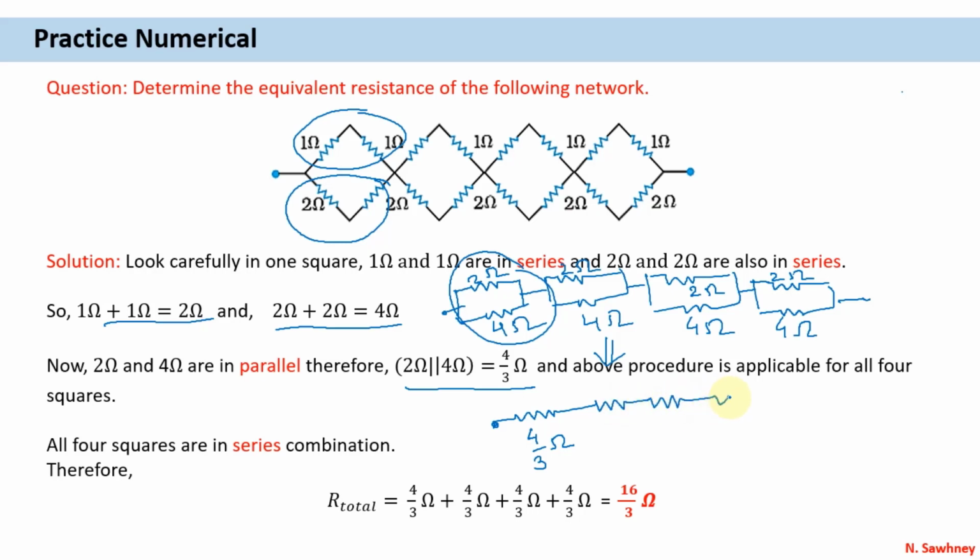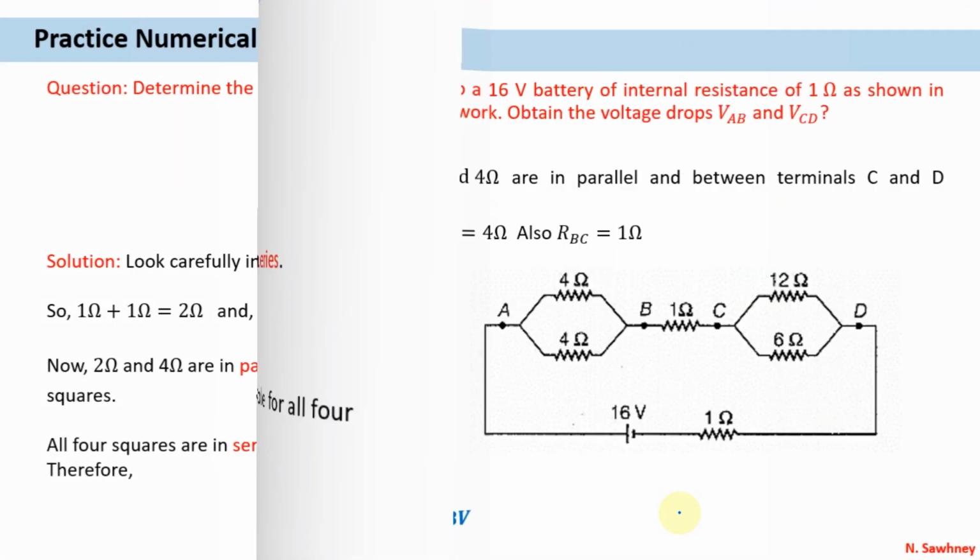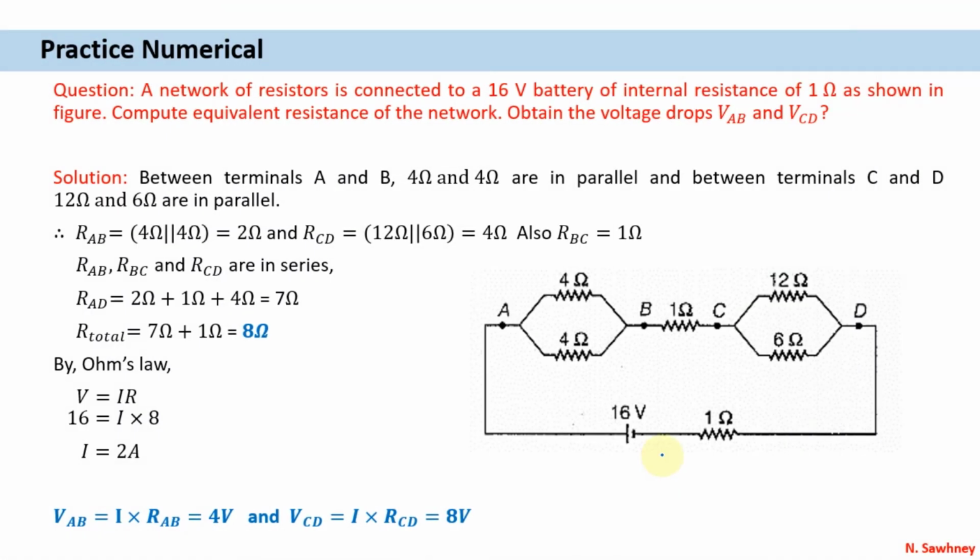So we will obtain 4 different resistances having value 4 by 3 ohm each. Now if we again look carefully, all these 4 resistances are in series combination. So they all will add up and will lead to 16 by 3 ohm. Let us solve one more example.